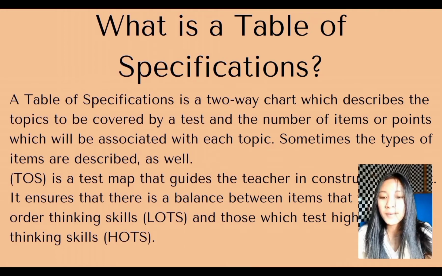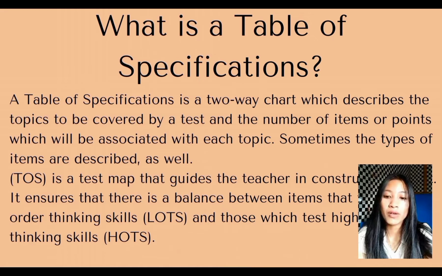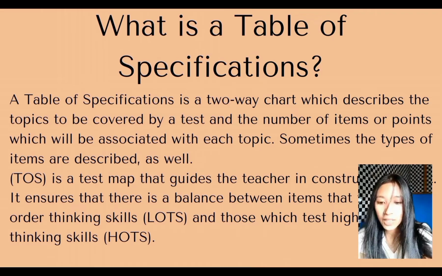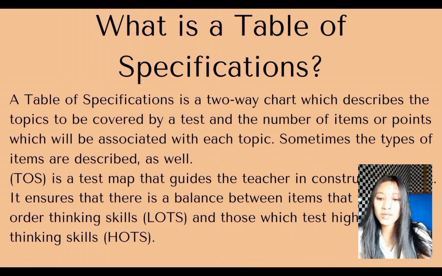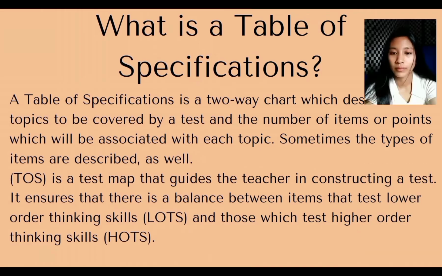The table of specifications is a two-way chart which describes the topics to be covered by a test and the number of items or points which will be associated with each topic. Sometimes, the types of items are described as well. What is a table of specifications? A table of specifications, TOS, sometimes called a test blueprint, is a tool used by teachers to design a test.